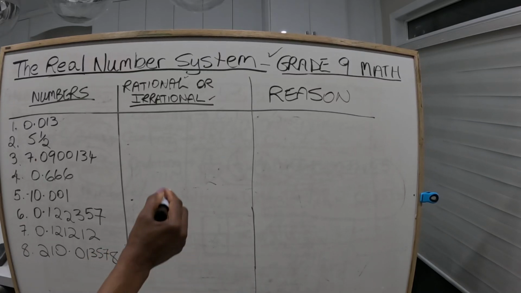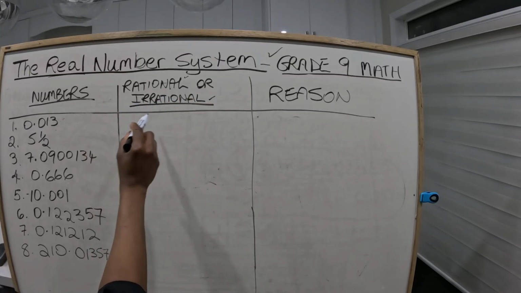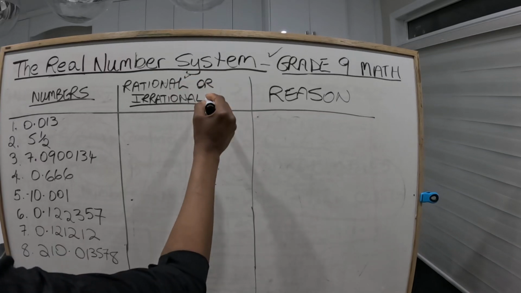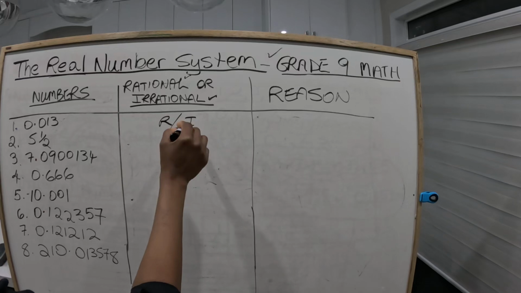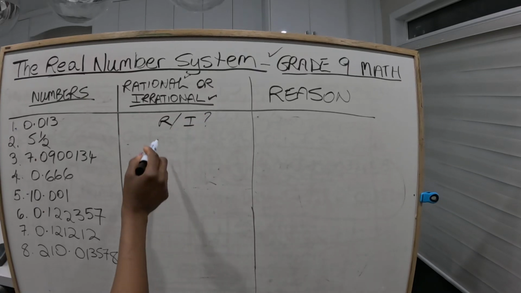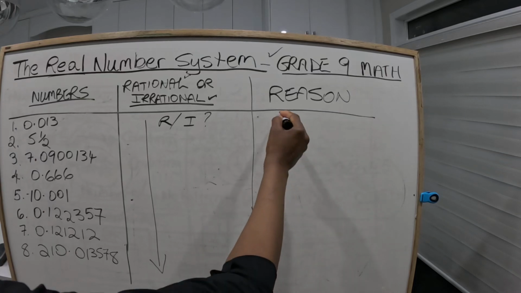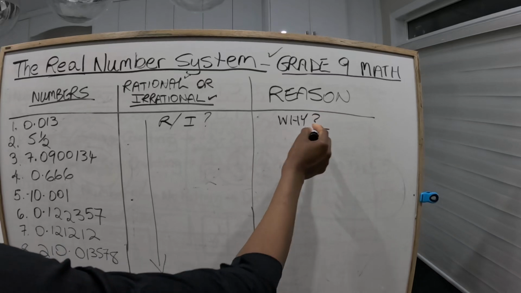So you can give your point here. You can select either rational or irrational. So you can put R or I. It depends on what you think it is in this column. And then over here, you can say why it's rational or irrational.